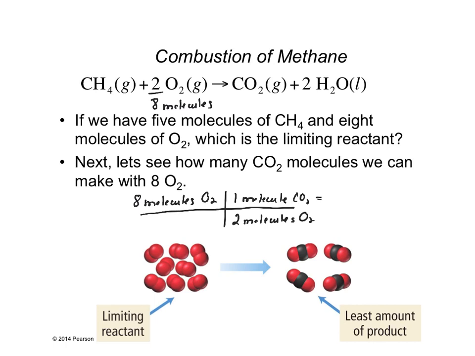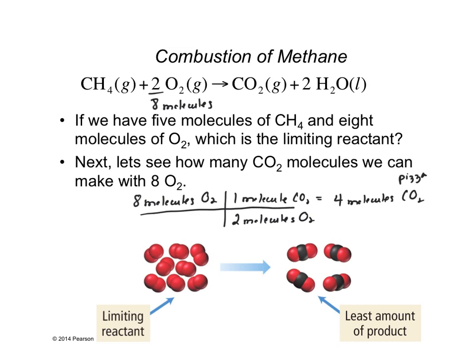So in theory, how many molecules of CO2 can I make given that I have 8 O2s? 4, right? So 4 molecules of CO2, which again is our analogy to our pizza, all right? So with the methane, how many CO2s could we have made? 5, right?